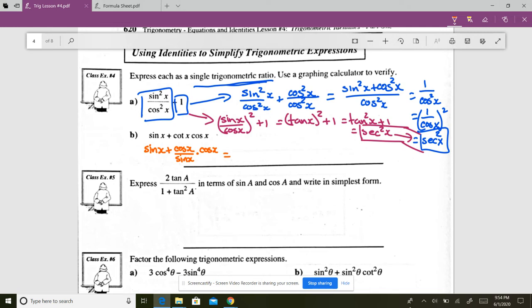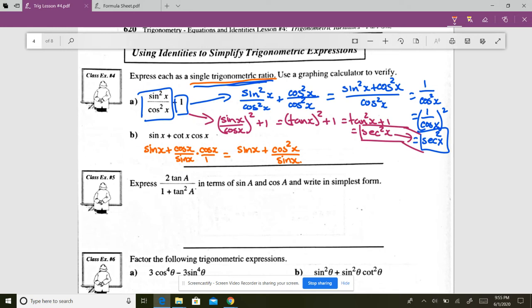These are being multiplied, so you can just multiply the cosines together because that's like over 1. So you multiply top times top, bottom times bottom for fractions. Sine of x plus cos squared of x over sine of x. Remember, we're trying to make a single trig ratio. So now I need a common denominator.